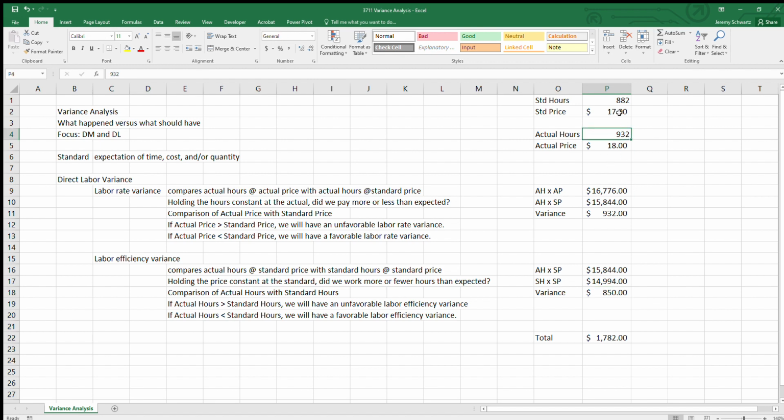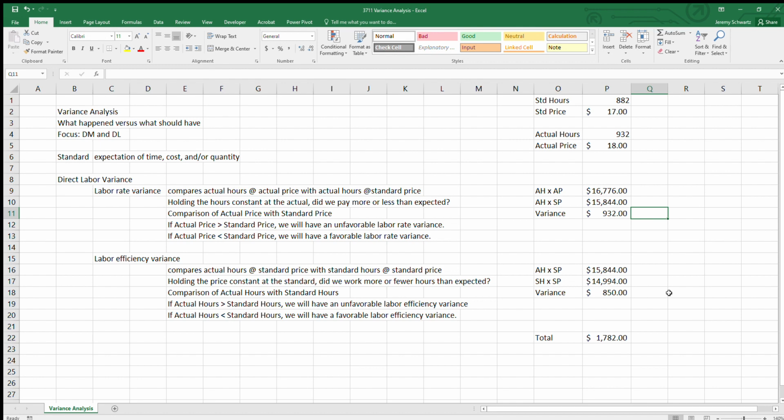We did 932 versus 882. So these variances reinforce one another here, and of course, as would typically be the case, we're highly sensitive to an unfavorable variance. It costs us more. It took more time.